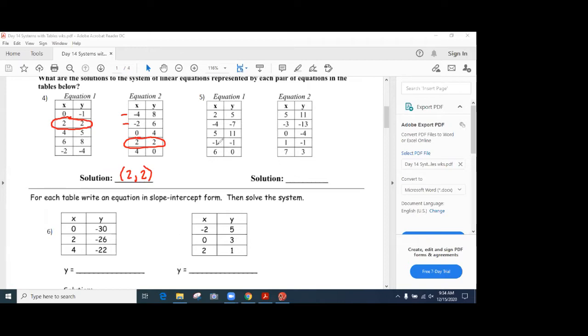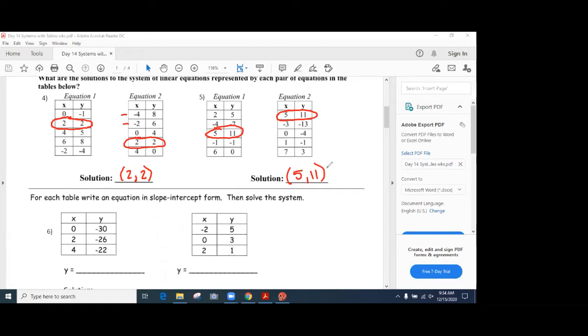You almost kind of think it's this -1 and 1, but that doesn't say -1, so that's not it. Oh, I see it. Right here, 5 and 11 and 5 and 11. So 5 and 11. So anytime they give you two tables, the solution is just simply where the 2 points match.